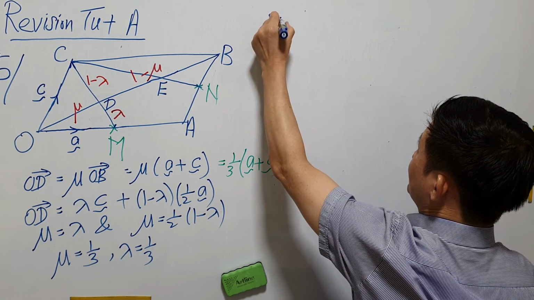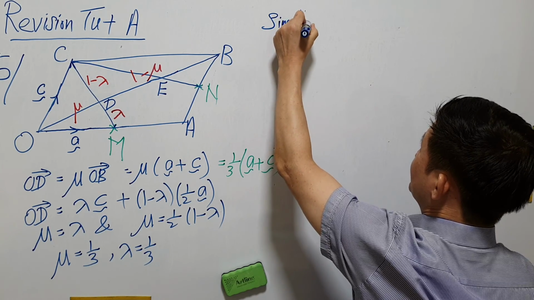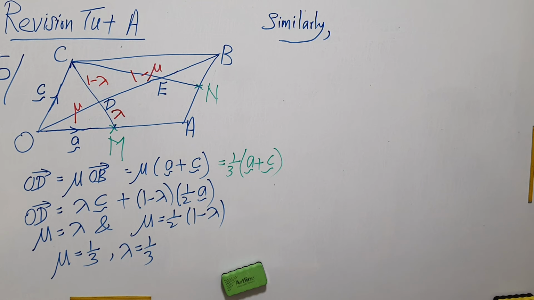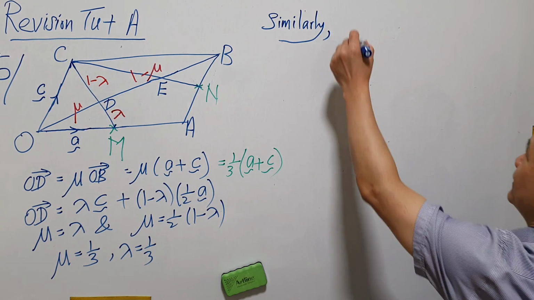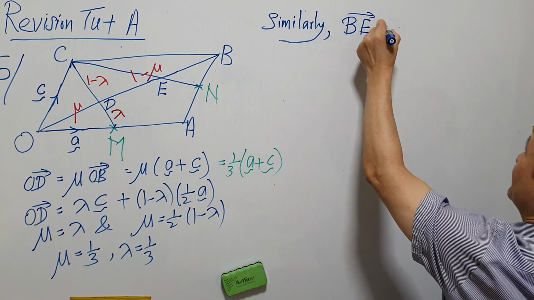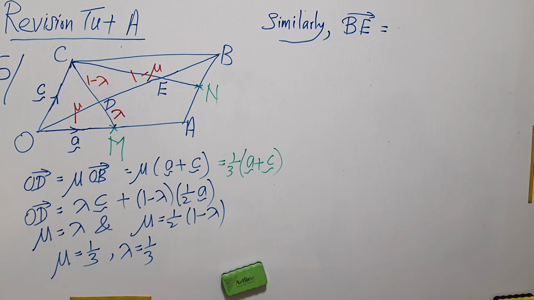Similarly, you want to find the vector BE. How are we going to find the vector BE quickly?